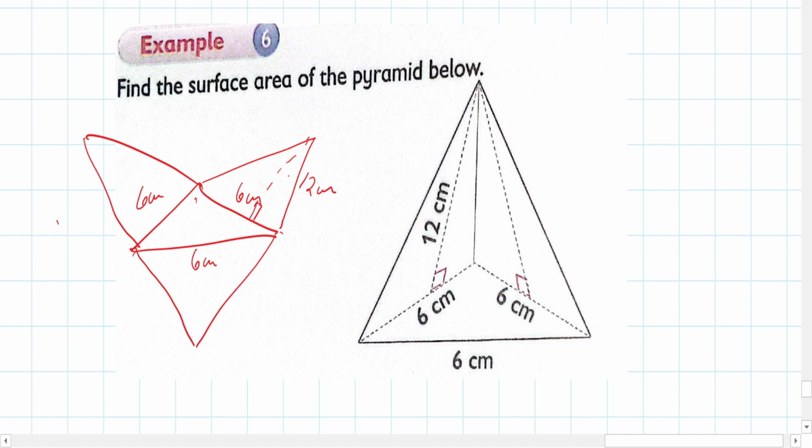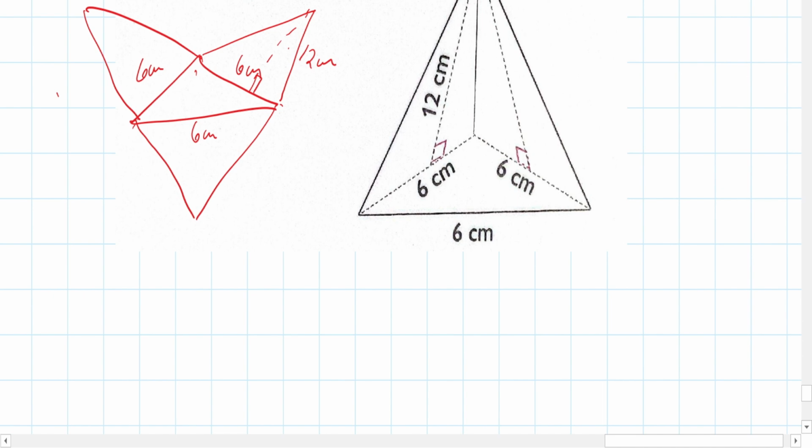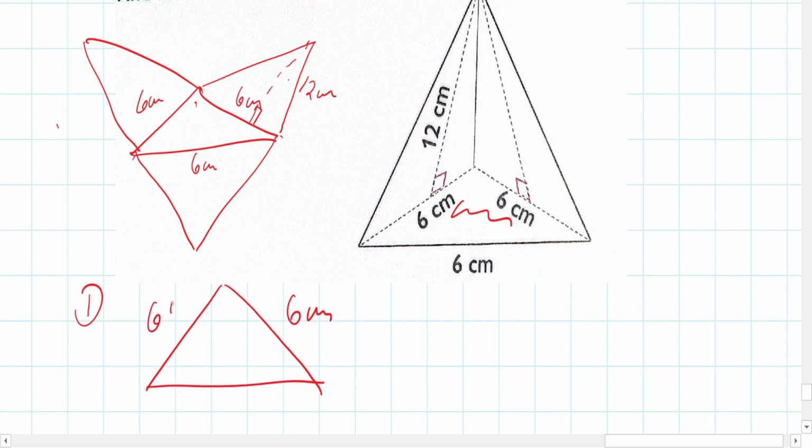So now we have four triangles, and we need to search for the area of all four triangles. Let's search for the first triangle that we have at the base, that is this. So you have 6 centimeter, 6 centimeter, and 6 centimeter. We need to find the height.